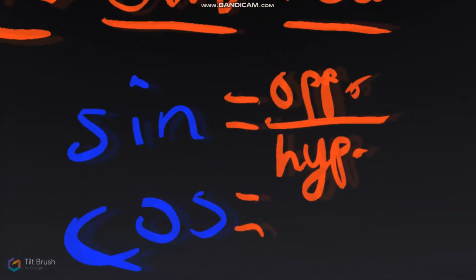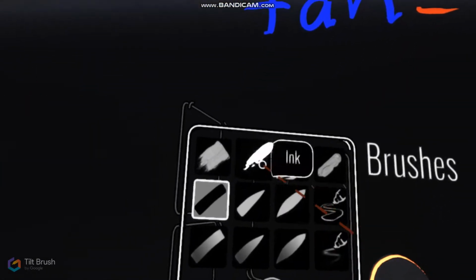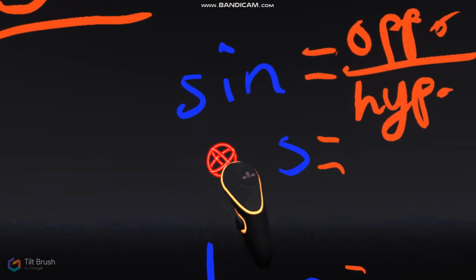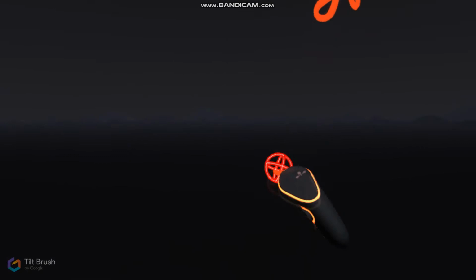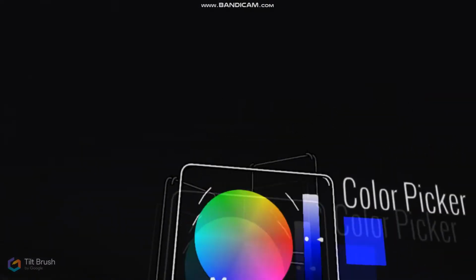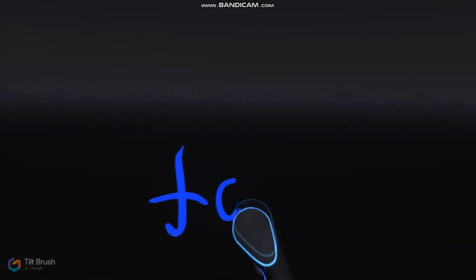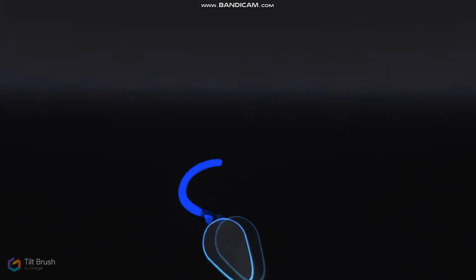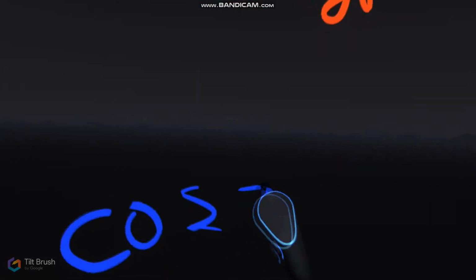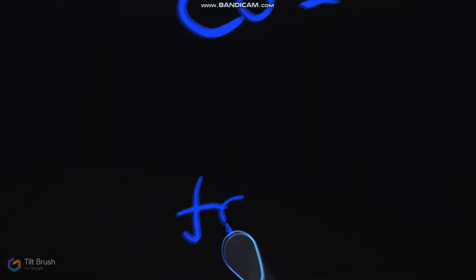I'm going to space this out a bit more. So we have tangent. Oh, forgot about cosine. And tangent.